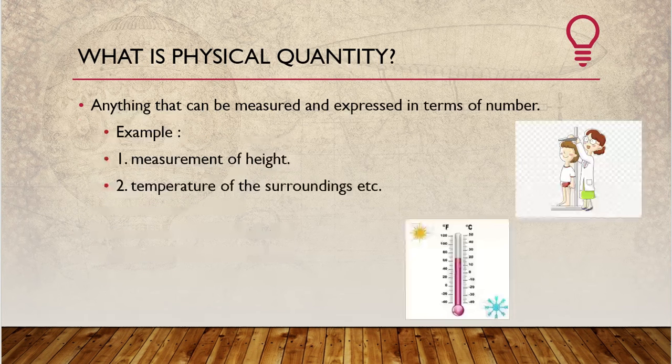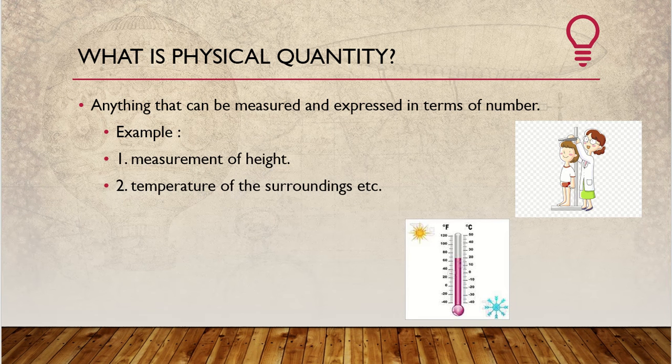Firstly, let us know what is a physical quantity. A quantity, anything that can be measured and expressed in terms of a number, is called a physical quantity. For example, as you can see in the image, a lady is measuring the height of a kid so that she can measure the height of the kid and express it in terms of a number.